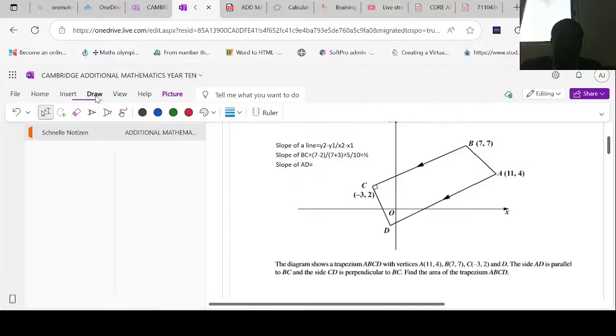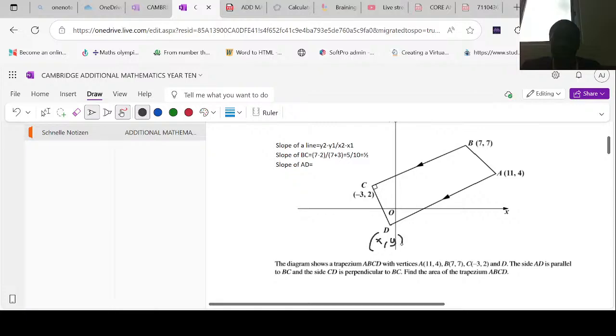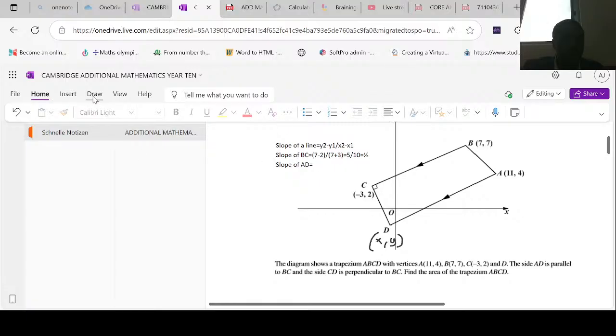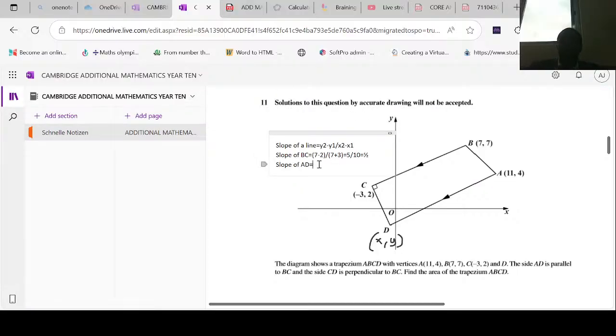Hope you are getting this. So let's call the variables x and y, right? We don't know them, we are looking for them. x, comma what? y. Are you with me? Good. So now, depending on where we are starting from, we are going like this from A to what?